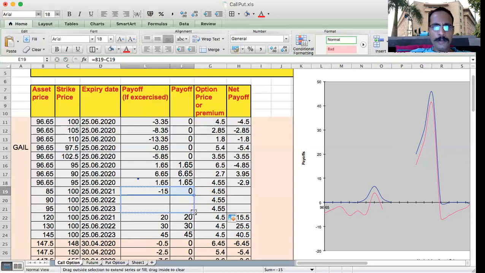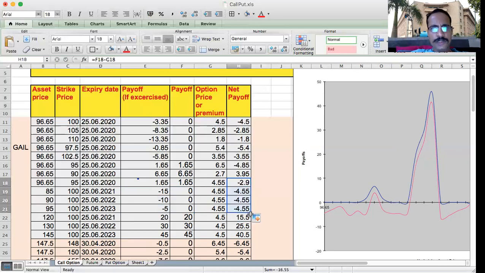And when we do fill this up, let us see what kind of results we get. Okay, let us drag that down, and this is here. So obviously all these options where the share price has fallen are not going to be exercised by the call option buyer, but you have paid the premium of say 4.5, so that 4.5 will remain your loss.